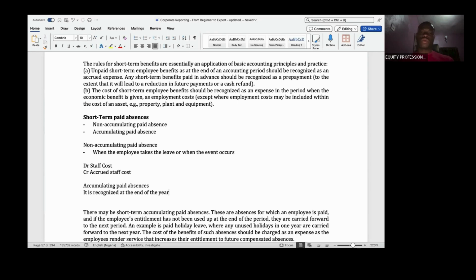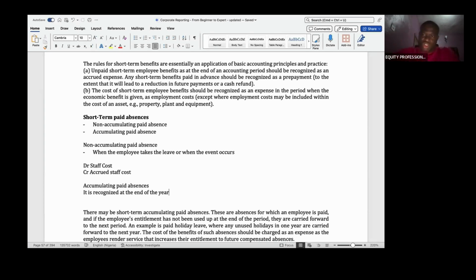Okay, so, and in most questions you will find where they can carry forward these leaves, the question will have given you the estimate of what the employee will take next year. The leave they did not take this year, the question will give you the estimate of what they will take. It is the estimate of what they will take.